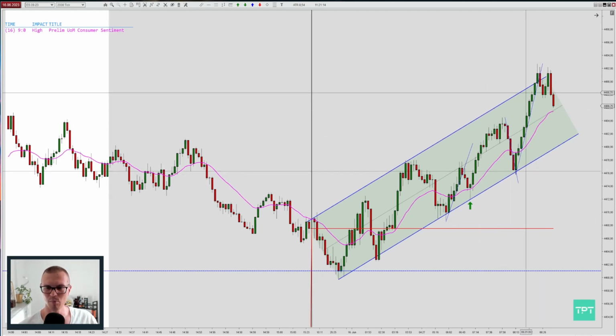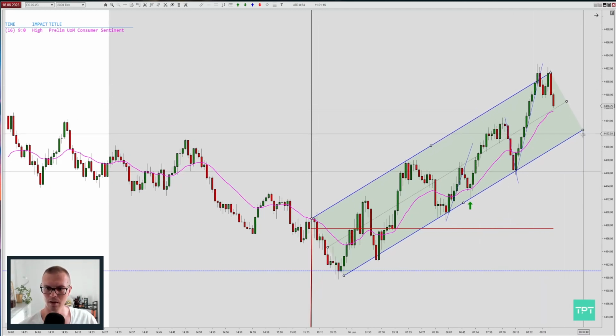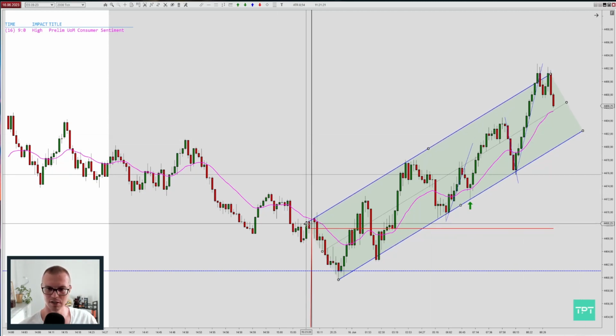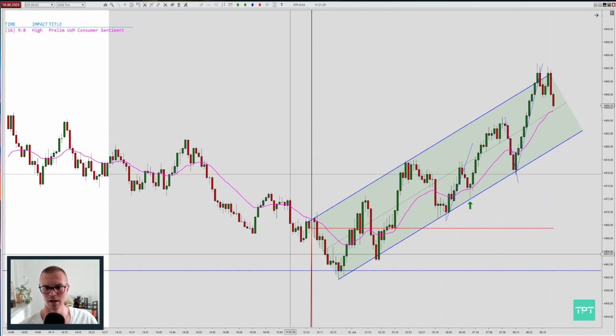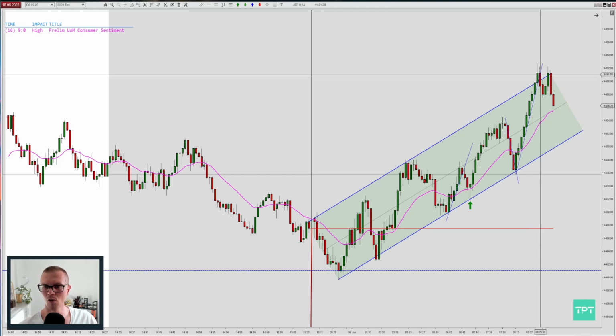There is a potential break of this channel now. Better to say like an overshoot, because if you notice, prices are accepting the support level here, and on the top we're overshooting the channel here like 2 times.